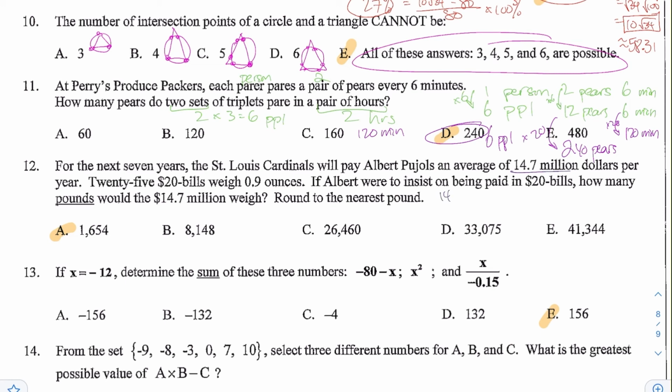So million means with the decimal to write 6 times, because there are 6 zeros in a million. So this will be this much money, but you want to be paid in $20 bills. So if you divide by 20, that will give you the number of $20 bills.